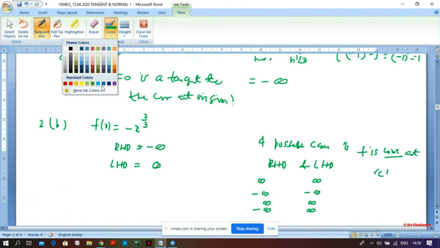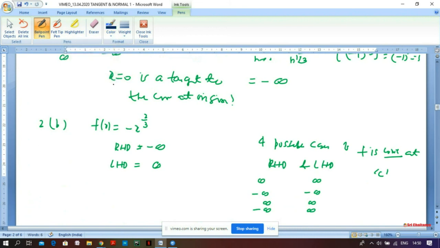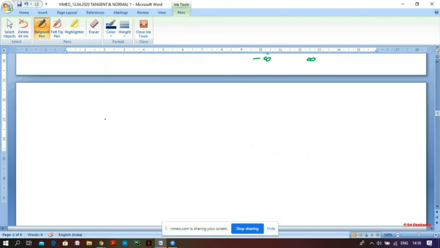Okay, one more example of the same kind, but a little different. What about this curve? f of x is square root of x.